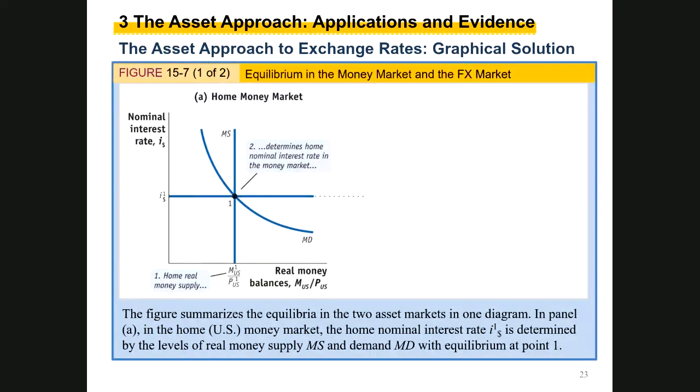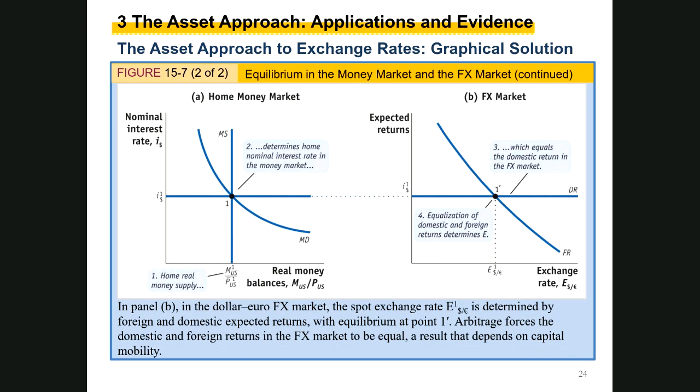Okay, so now we combine the money market and the foreign exchange market now. So what is their connection? It's the interest rate. So money markets, by using the whole money supply and money demand, we could figure out the interest rate domestically.